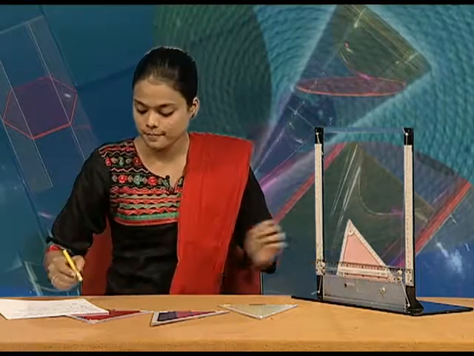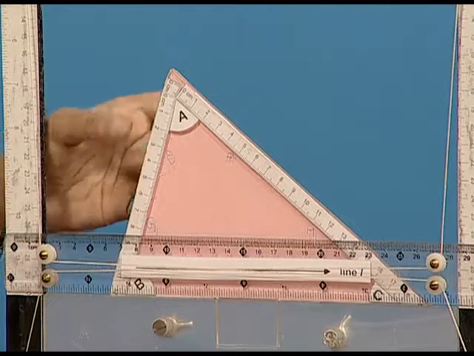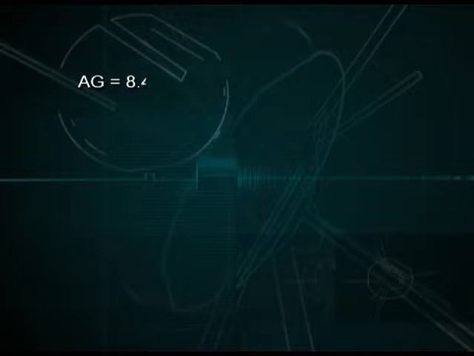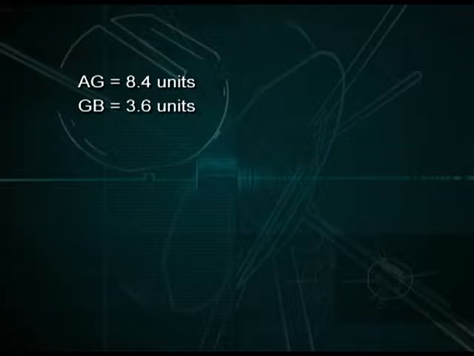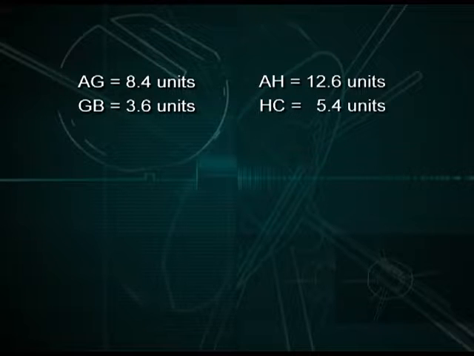On measuring, AG comes out to be 8.4 units and GB is 3.6 units. Similarly, AH is 12.6 units and HC is 5.4 units.